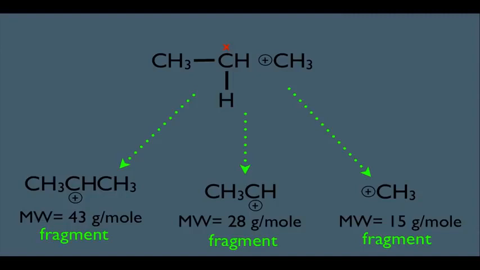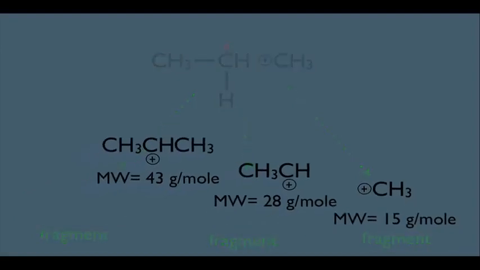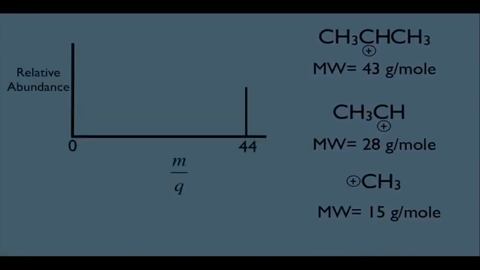What does this all mean to us? Well, let's go back to the spectrum here that the mass spec would spit out. Remember, we know that we would see the molecular ion peak at 44, but what we're learning here is that it's possible that we would see peaks for these fragments. For instance, the top one there weighing 43 grams per mole, you would actually see a peak at 43.